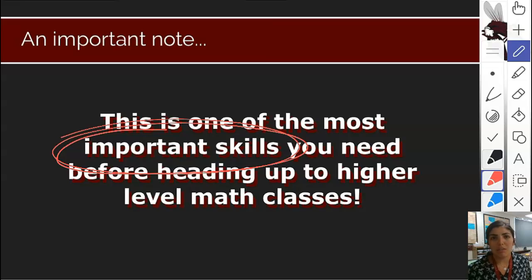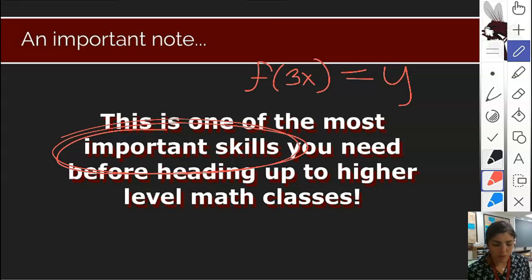Even your geometry classes are going to use the idea of function notation to determine changes for a function. So maybe, perhaps, we're using function notation to do something like this. This is an important transformation idea. We know that that means, oh, just plug in 3x for every x we see in the equation. Really understanding that f of x is the same thing as y is very huge to keep a grasp on what's going on in this class.